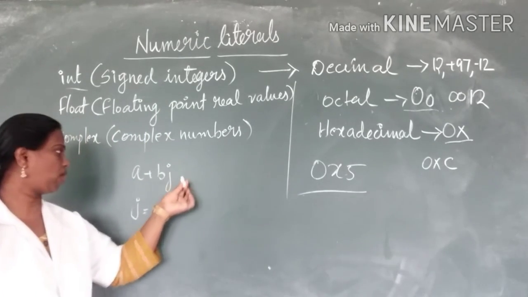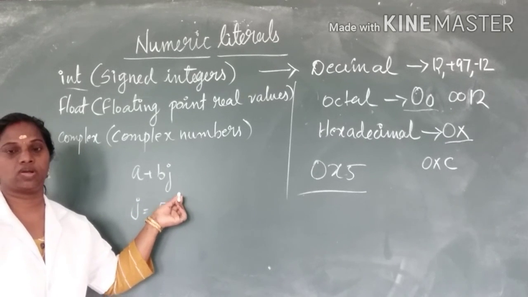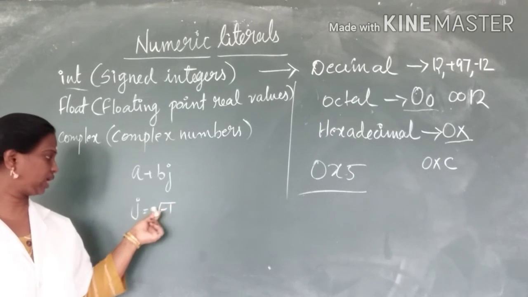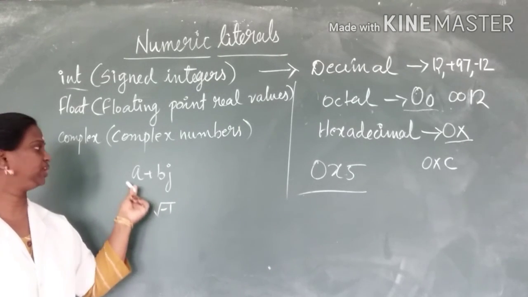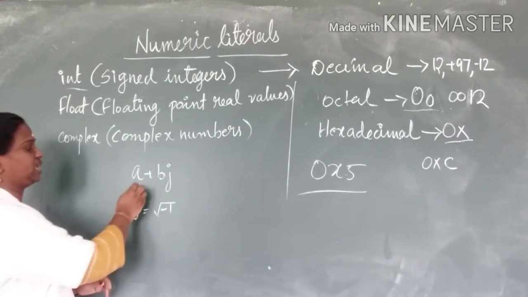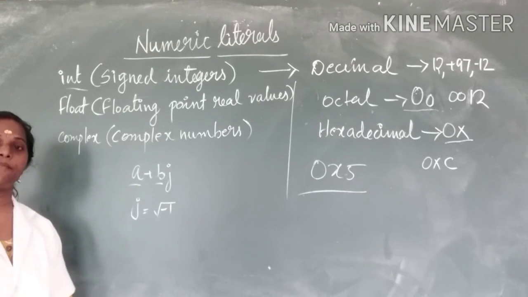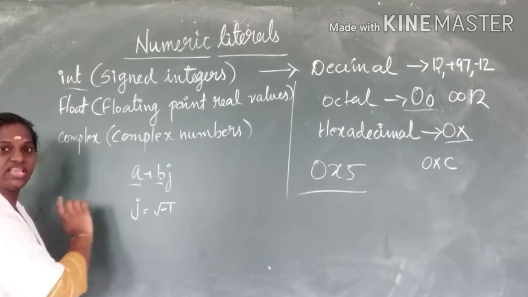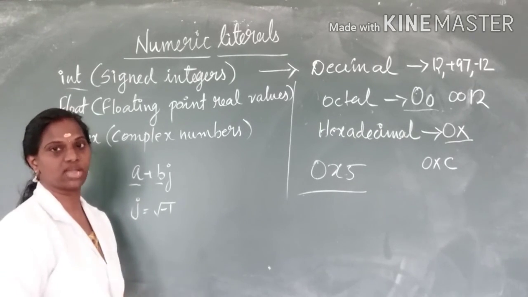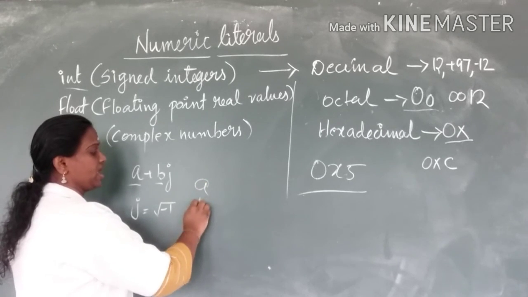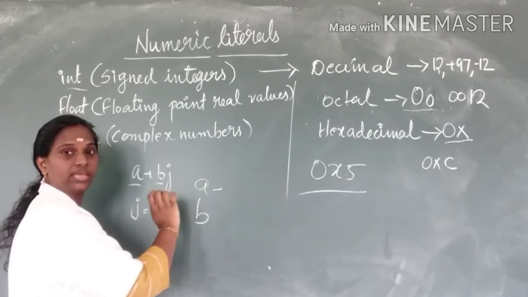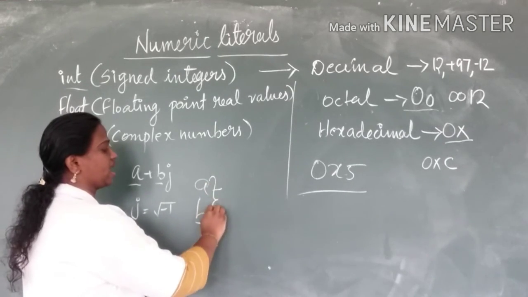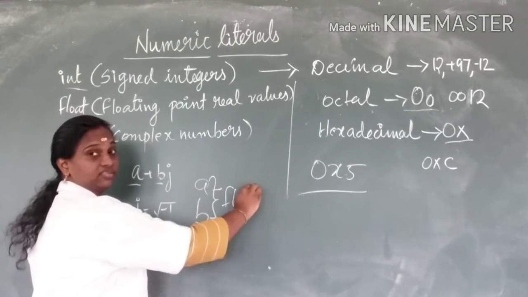Next one, complex numbers. Complex numbers have the format a plus bj, where j is equal to the square root of minus 1. In this a plus bj, a is the real part and b is the imaginary part, and both a and b will be floating point numbers.